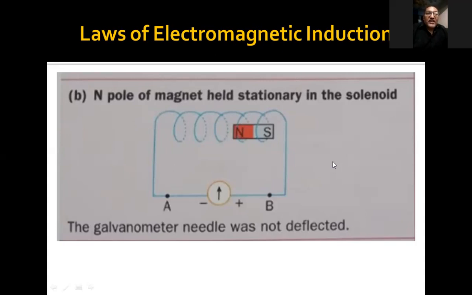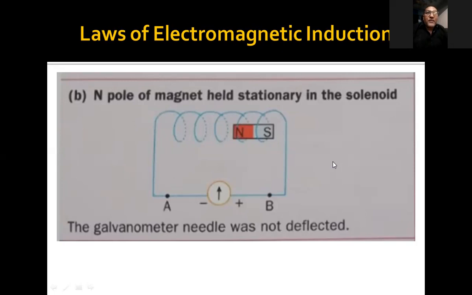So you see, when this bar magnet stops moving and becomes stationary, the galvanometer shows no deflection. When it shows no deflection, it means there is no current induced in the solenoid.